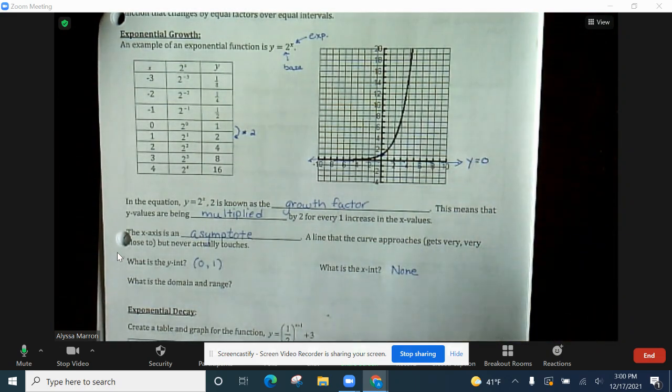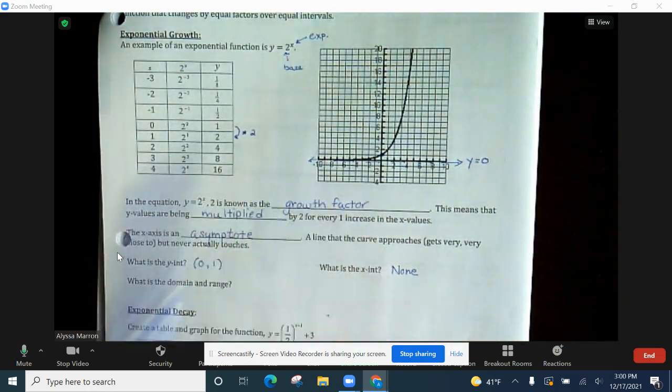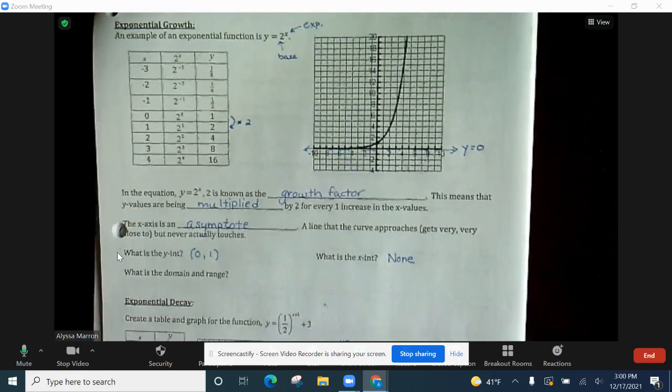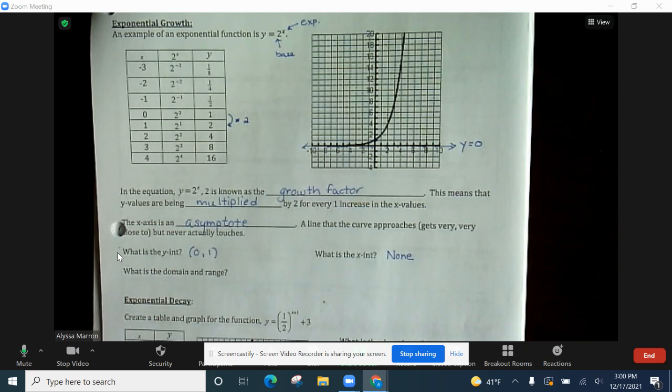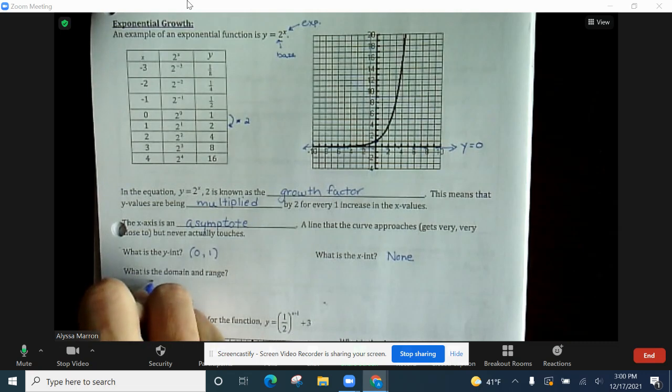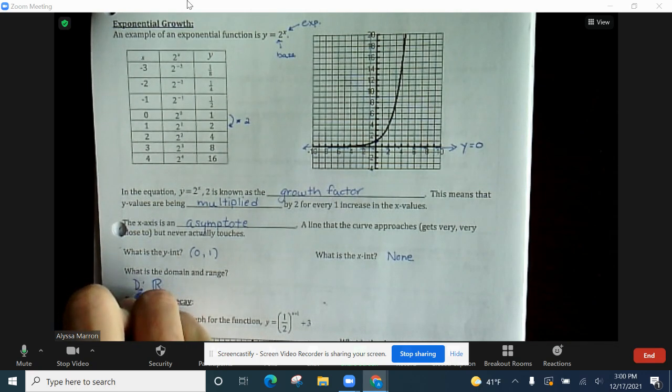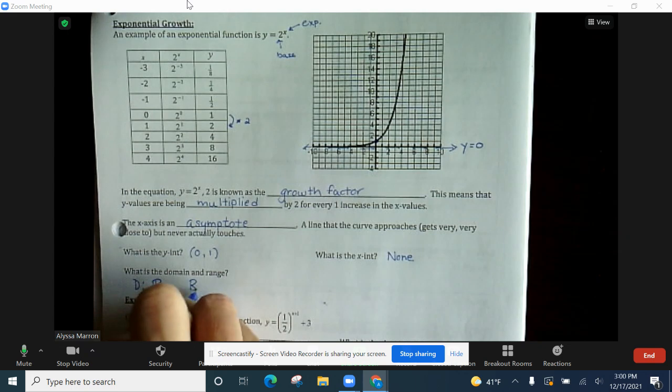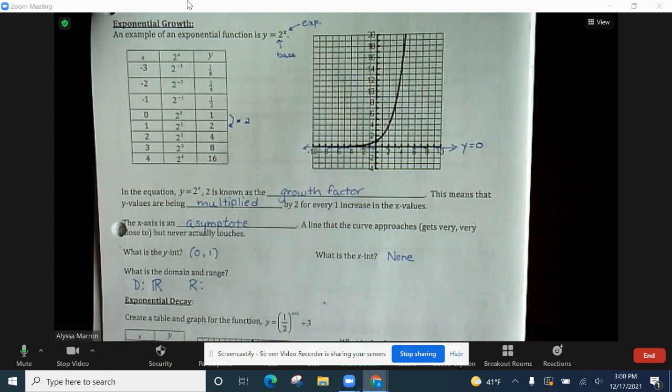It's going to shift up and down if we add or subtract a constant, but I'll talk about that more in a moment. Next, we have the domain and range. The domain of exponential functions is never going to change because it's going to go left forever and it's going to go right forever. So we could say negative infinity to positive infinity, or we could just say all real numbers for our domain. For the range, it depends on where the asymptote is.